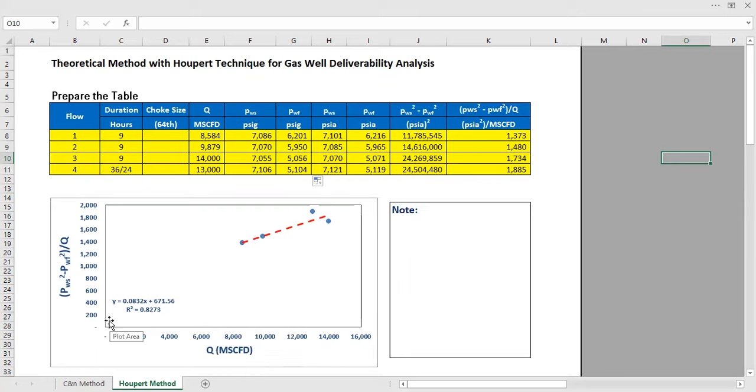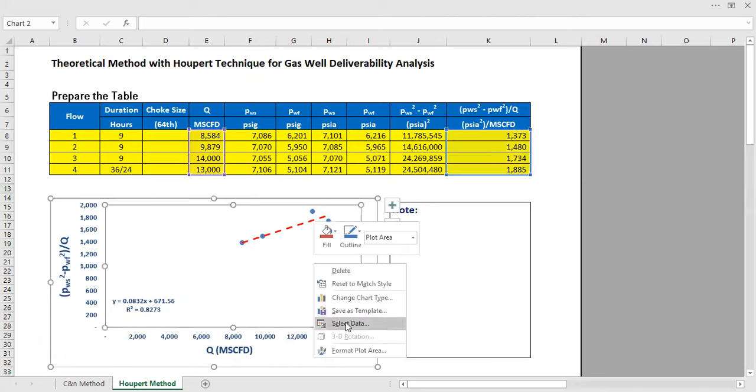And for the vertical axis, we plot this term, PWS squared minus PWF squared divided by the flow rate. Okay, so I plot these 4 points, and I calculate the trend line.